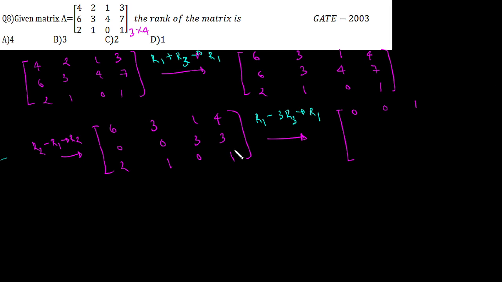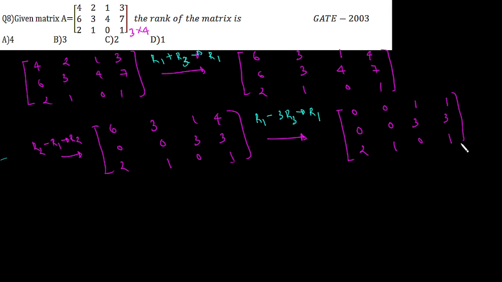Now I have to multiply this last row with minus 3. So here I am getting minus 3, plus 4 already there, so I am getting 1. Now here 0, 0, and this second row as it is, and the third one is also as it is.